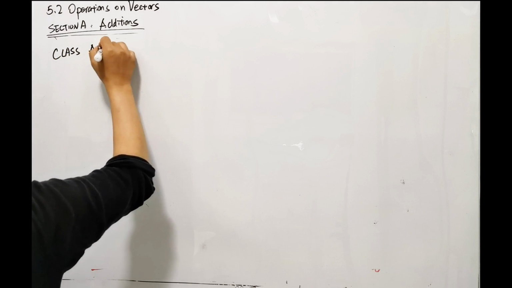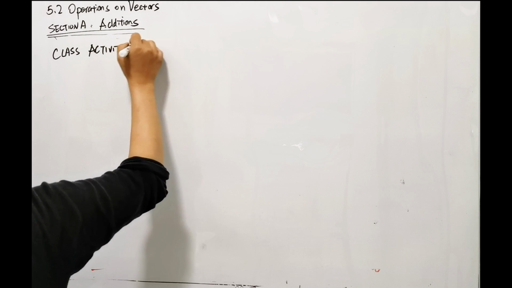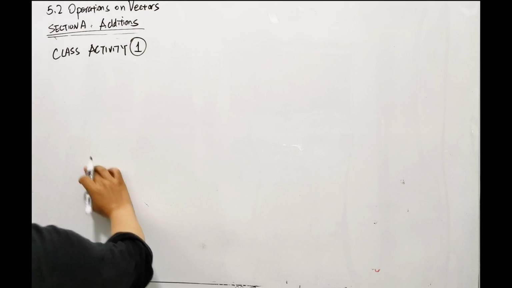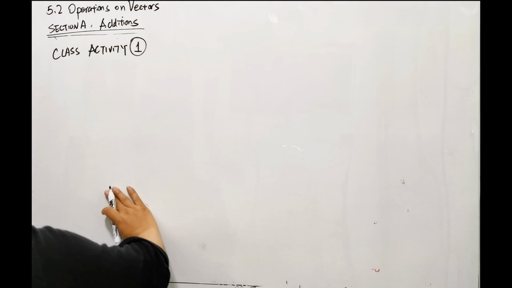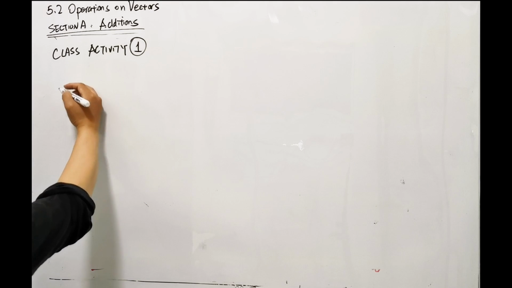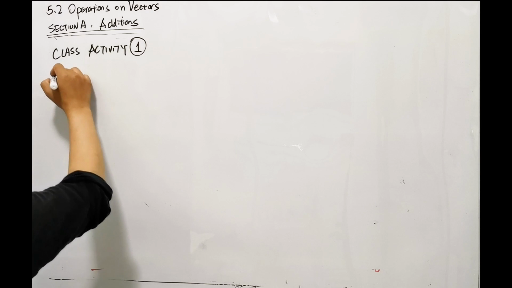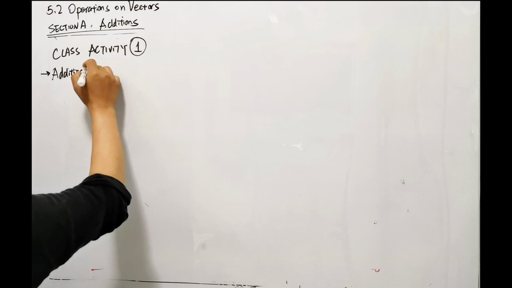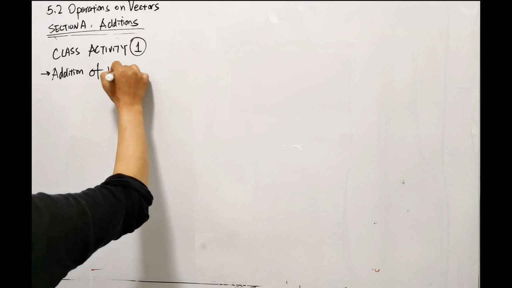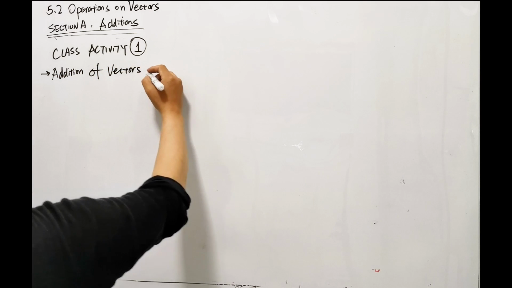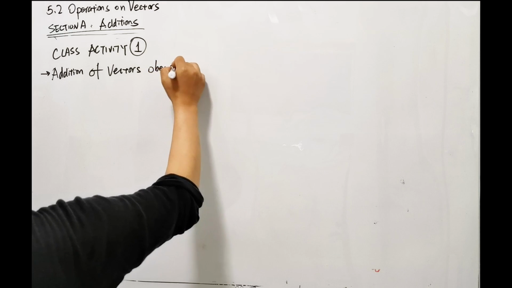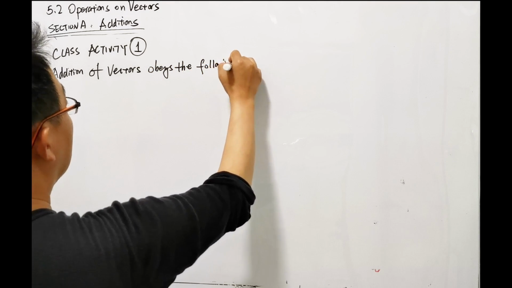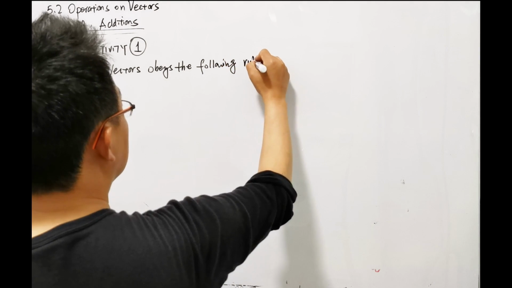So in class activity 1, we have come out with two very important laws. For the addition of vectors, they obey the following rules.